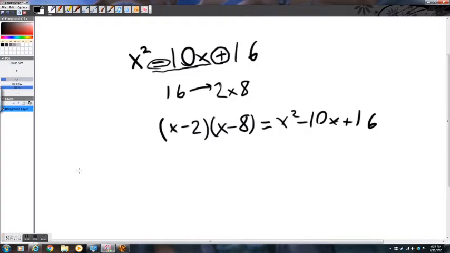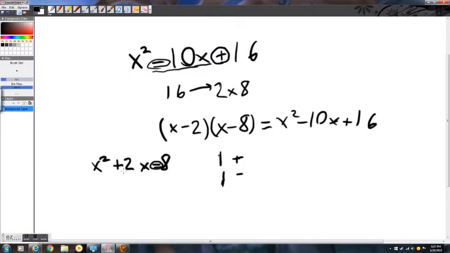Next, we're going to do one where we can't guess the sign that easily. So x squared plus 2x minus 8. What we know from this one is that because this is negative, one term is positive and one is negative. One positive, one negative.